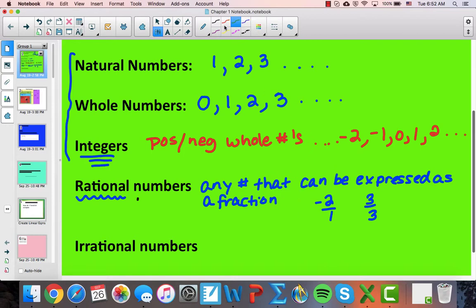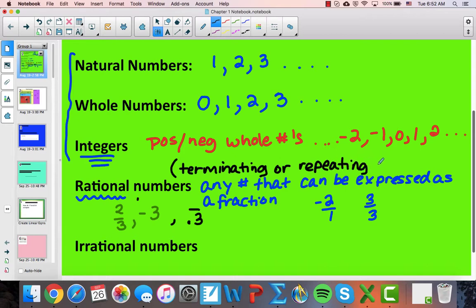But let's talk about numbers that can be expressed as a fraction: 2/3, -3, I don't know, 0.3 repeating. So rational numbers also, in your mind, I want you to think of them as terminating or repeating decimals.